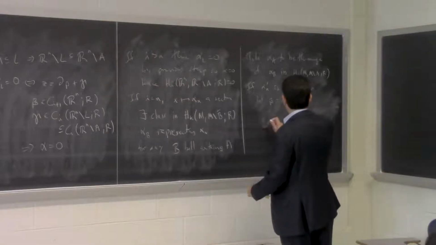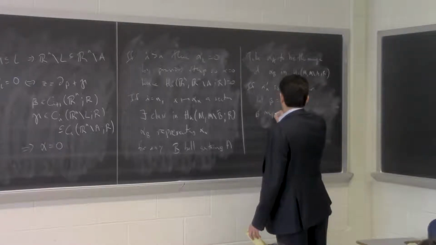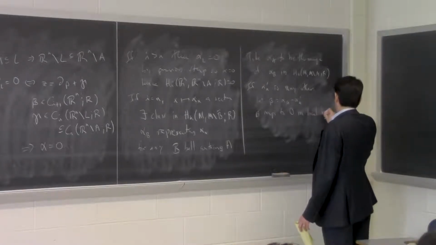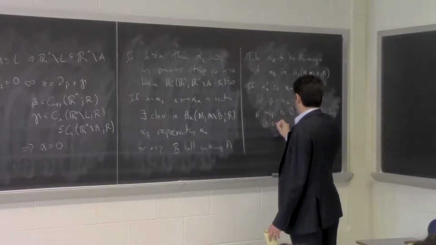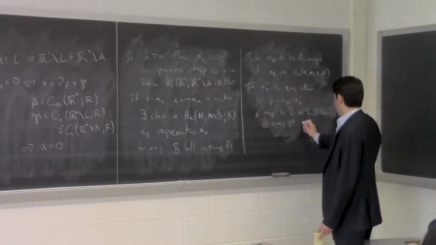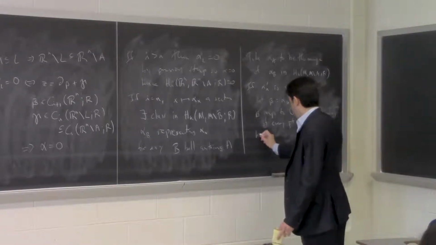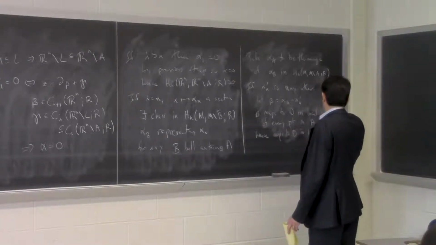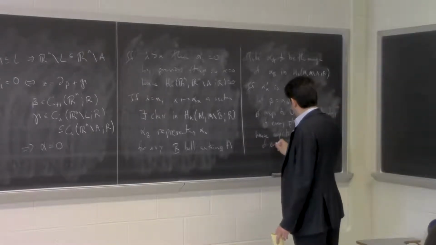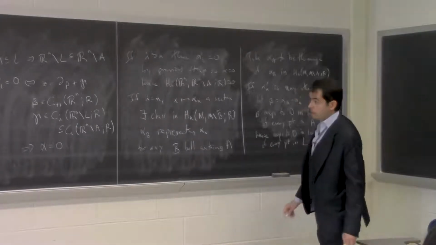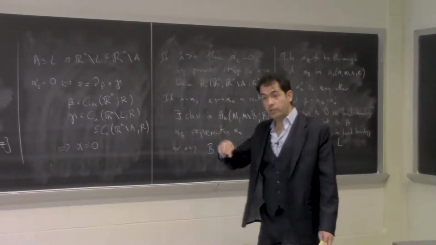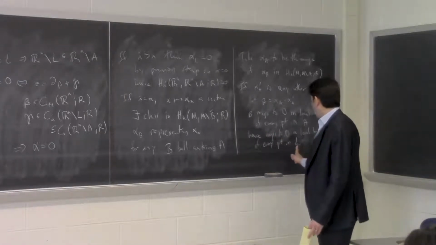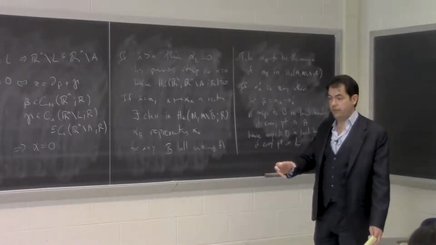Okay, so then beta maps to 0 in the local homology of every point in A. Hence, it maps to 0 in local homology of every point in L. So L is the union of the compact convex balls covering A. And the point is that every one of those intersects A and contracts down.